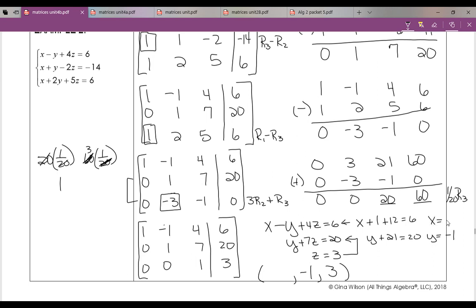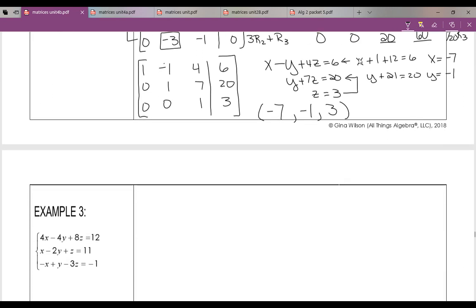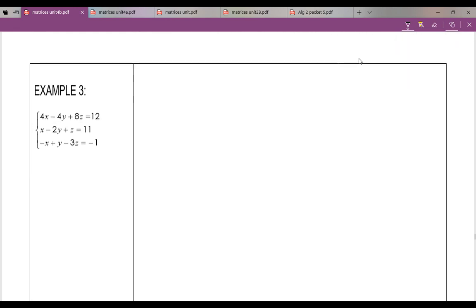So x ends up being -7. Everybody okay with that one? All right. Last one I wanted to do is number 3.